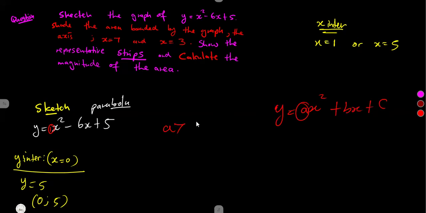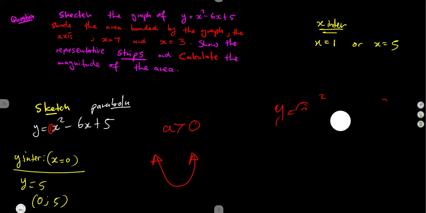If a is greater than 0, a positive, we are going to have a smiley shape like this. For a which is less than 0, we are going to have a sad shape like this one. So in our case, that's a positive, so you're going to have this shape, a smiley shape. So that is for the shape.